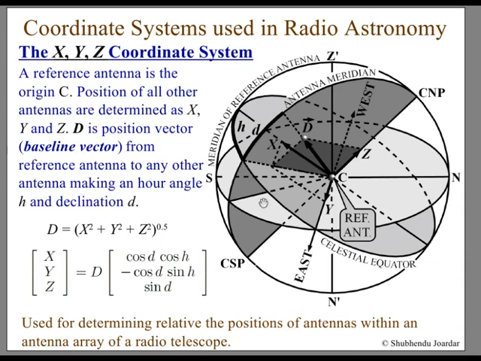Now we consider here two antennas. One we consider as the reference antenna, and another antenna we call a test antenna, or whatever it is. We want to relate these two using the declination and hour angle, and also relate them with the local XYZ coordinates. Now you consider this as the reference antenna.